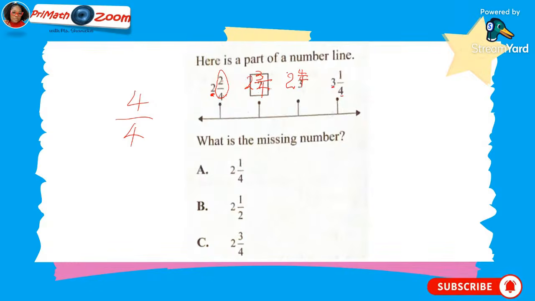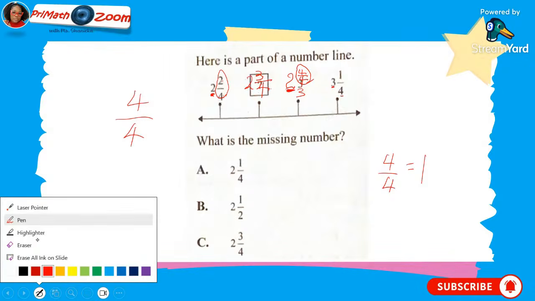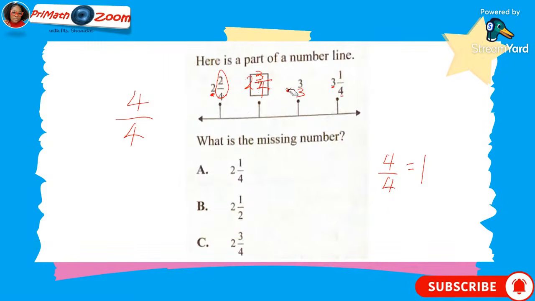But 4/4 is equal to what? 4/4 is equal to 1. So if I already have 2 wholes and then 4/4 is 1, it means therefore that this part would be 3, which is already there. Let me just erase this top part so you can see that it was already there to be 3.